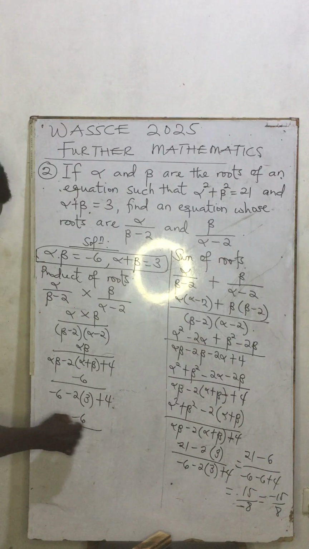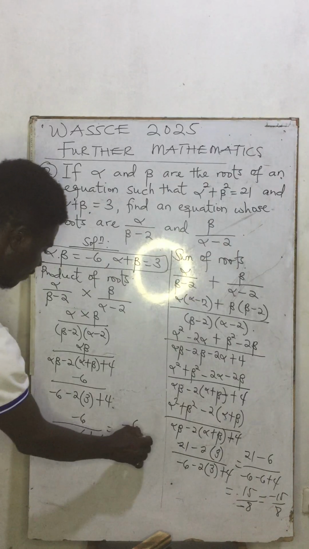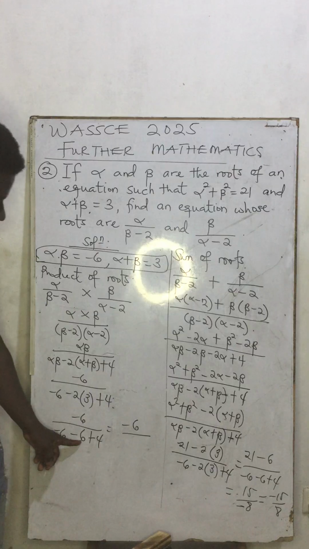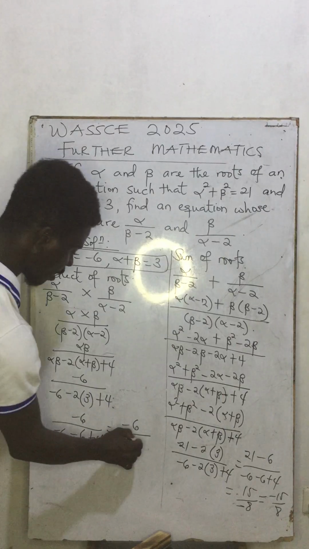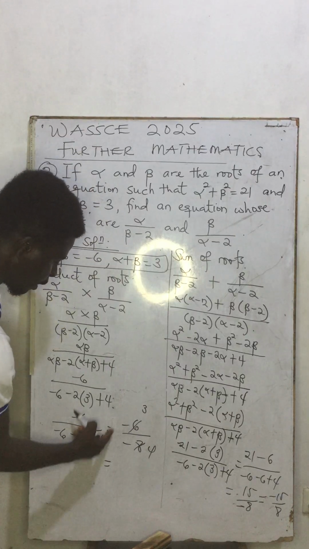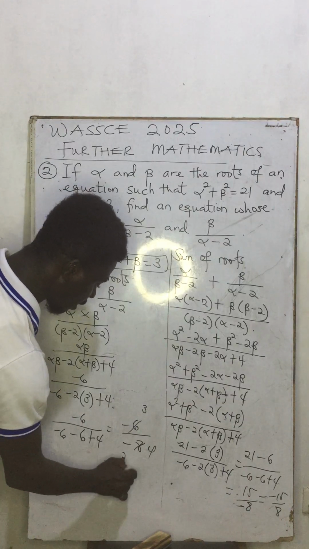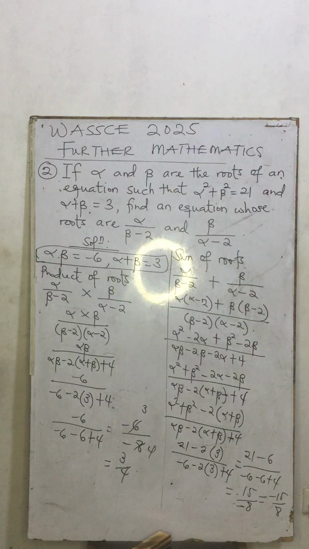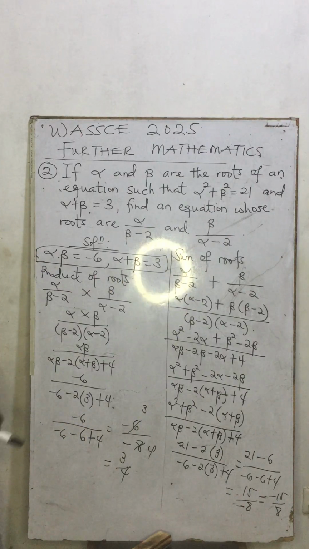So we have -6 out of -6 minus 6 plus 4, and this one is just -6 out of -6 plus 4, which is -2, plus that we have -8. 2 here, 3, 2 here, 4. Negative divided by negative is just positive. So we have 3 out of 4. So this is the product of roots, and this one is the sum of roots for the new roots given.